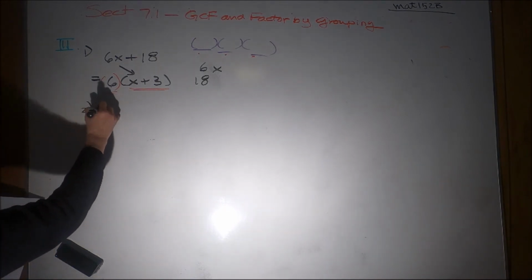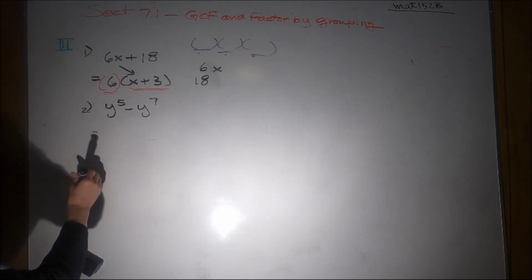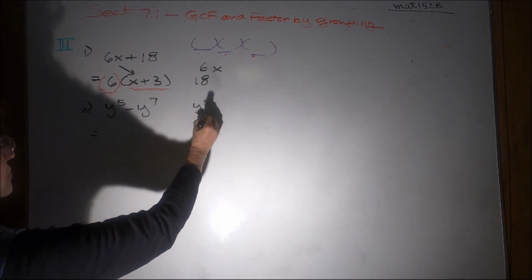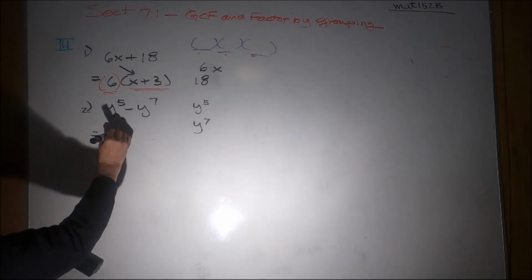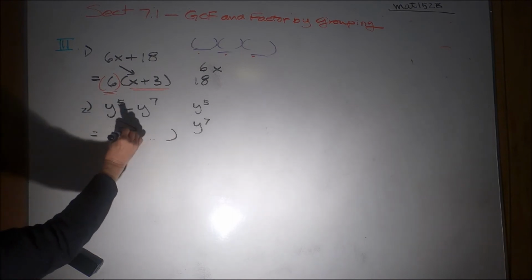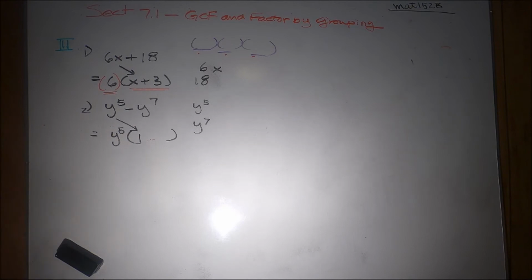For the second one, y^5 and y^7, what do we do? Two terms, y^5, y^7. What's your GCF? y^5, right? Take out y^5, you only have 1, because y^5 times 1 goes back.